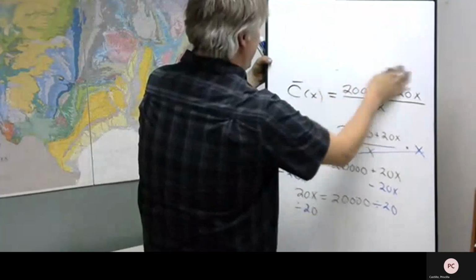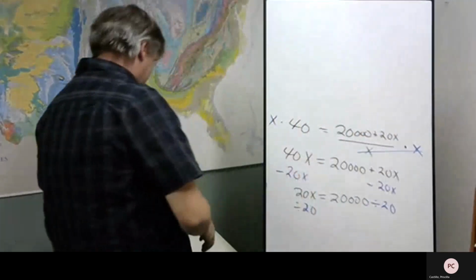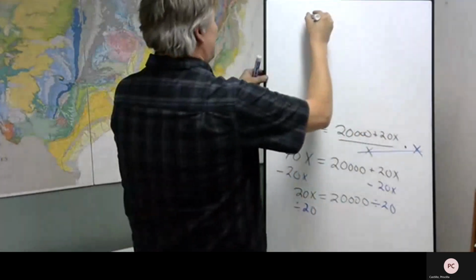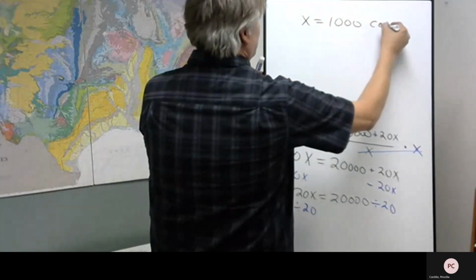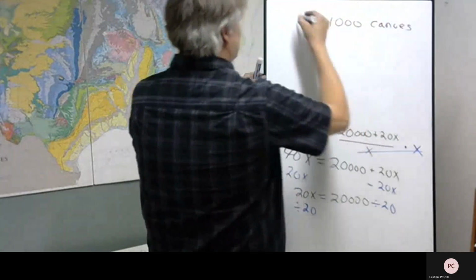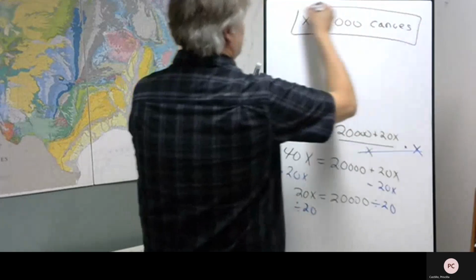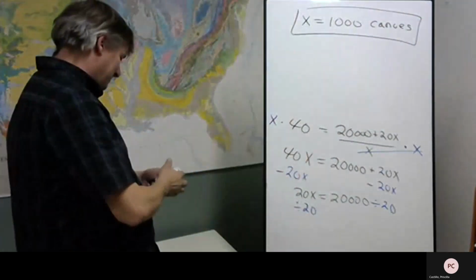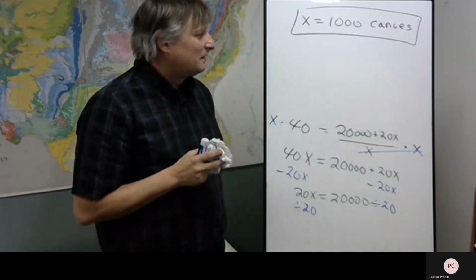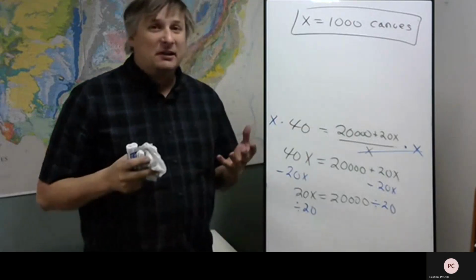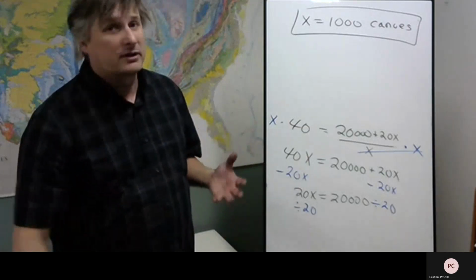And so we're going to get x is equal to 1,000. And that's going to be our answer. All right. So that's one kind of story problem that comes up. There's another one. Let's see.